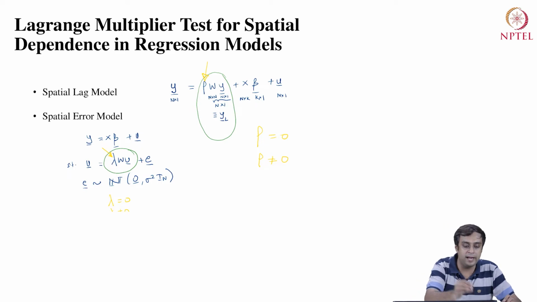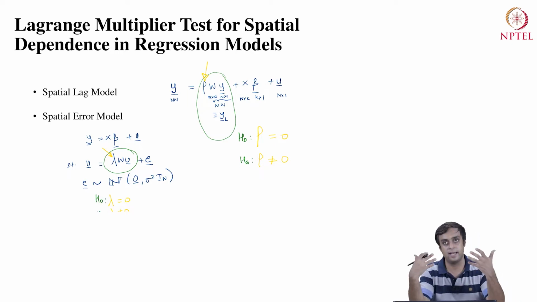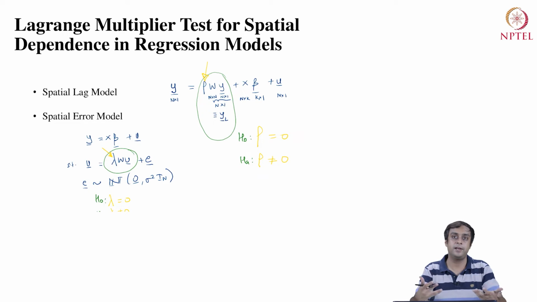That will give us our null hypothesis and our alternate hypothesis for this exercise, and the test that we are going to use is a Lagrange multiplier test. So let's dive right into it and figure out what the aim of all this is and what statistics we are going to use. I'm going to start with the spatial error model.